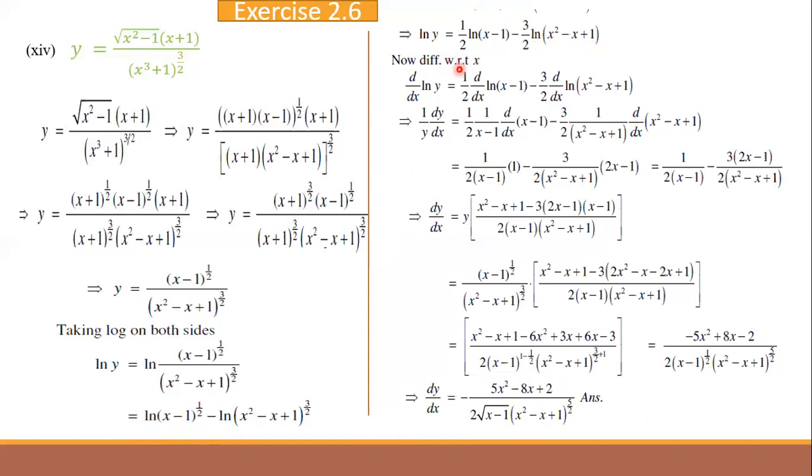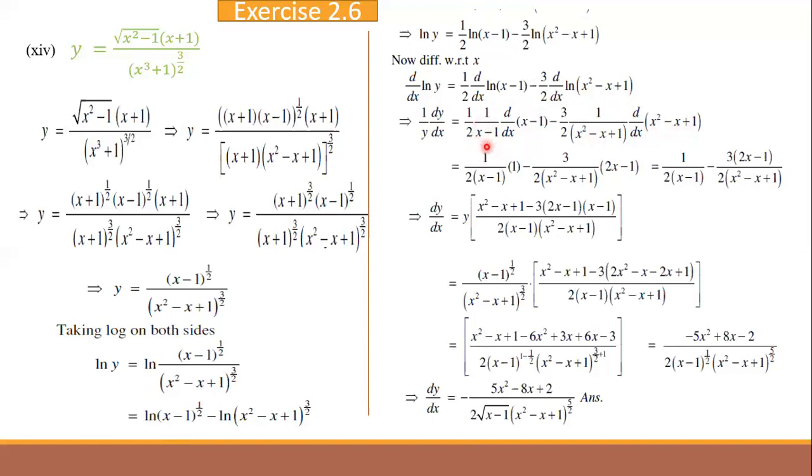Now differentiate with respect to x. The derivative of natural log of y is 1 over y times the derivative of y with respect to x, and 1 by 2 times the derivative of natural log of x minus 1, which means 1 over x minus 1 times the derivative of x minus 1, minus 3 by 2 times the derivative of natural log of x square minus x plus 1, which is 1 over x square minus x plus 1 times the derivative of x square minus x plus 1.